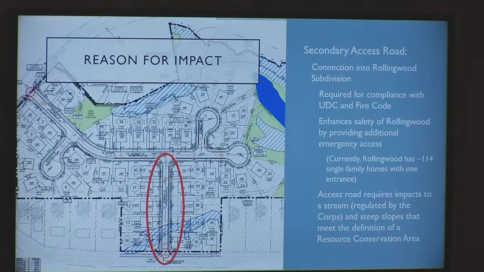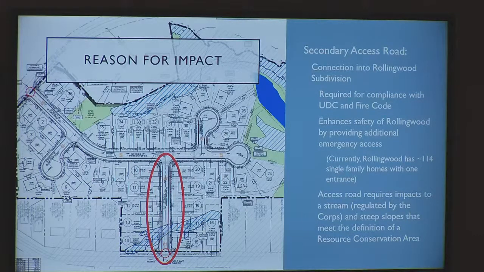that neighborhood. The secondary access road, as staff mentioned, is required by both the Unified Development Code and the Fire Code Appendix D. Primary reason being because anything over 30 single-family lots requires a second access point. Of course, with 37 lots, the project wouldn't be viable without a second access point.